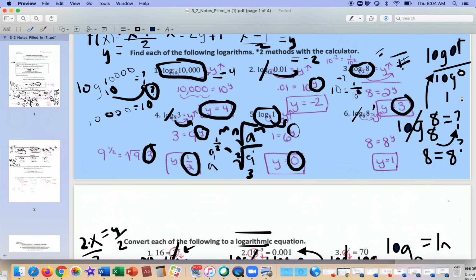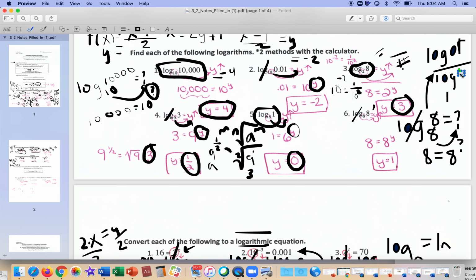So in your calculator on the left hand side, there's a button that says log. You can hit log and then the number at the top. So log 8 divided by log of the base. And if you do that on your calculator, it will say 1.